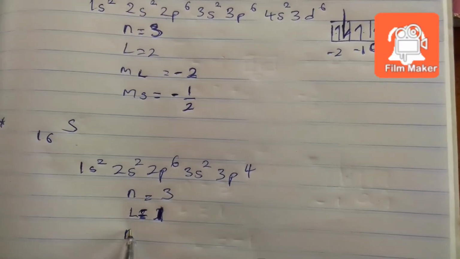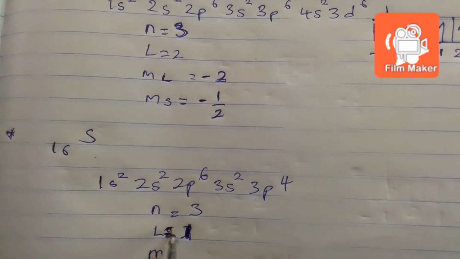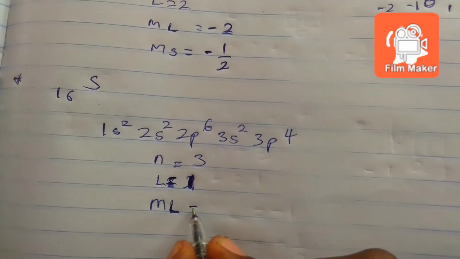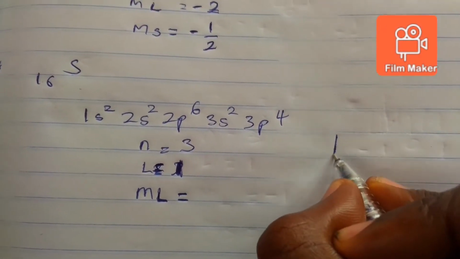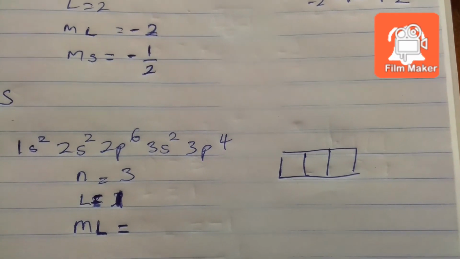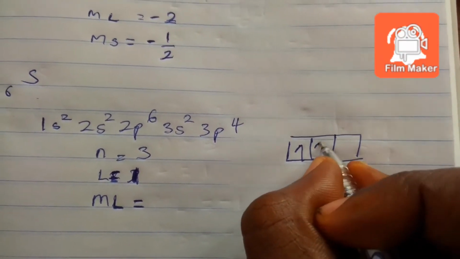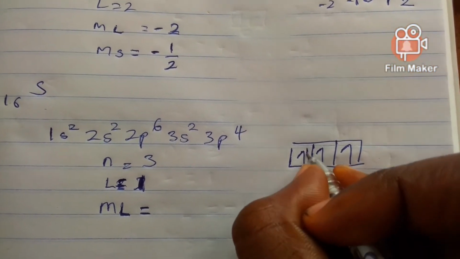So let's look at the ML. Since it is P block and P block is having 3 blocks, let's start filling. 1, 2, 3. So the last one, which is 4, ends here.